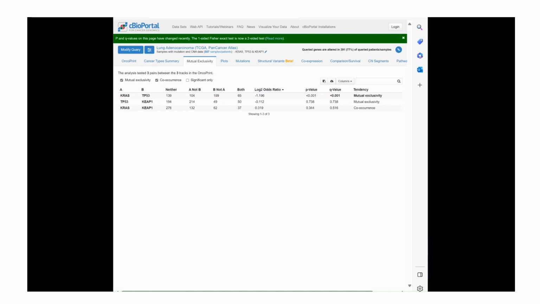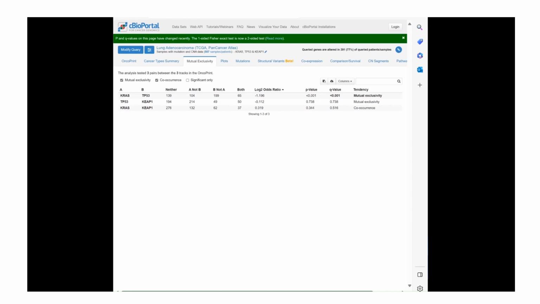And in the third line, we have a look at KRAS and CAB1. What we can see is that they are not mutually exclusive, but they may be co-occurrent. The positive log2 odds ratio here indicates that the presence of KRAS may be more likely.